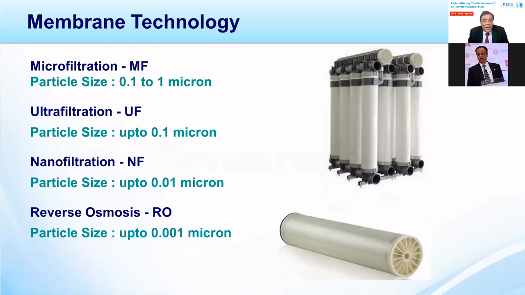Whatever the application, we mostly require removal of suspended solids. For that we use the microfiltration or ultrafiltration membrane, which have a pore size of 0.1 to 1 micron. Ultrafiltration membranes can remove particle sizes up to 0.1 micron.